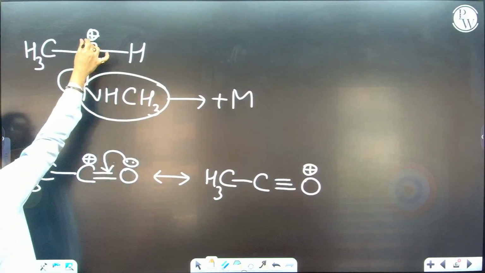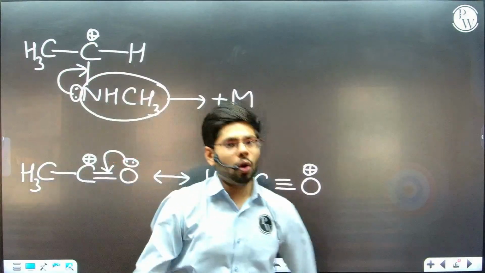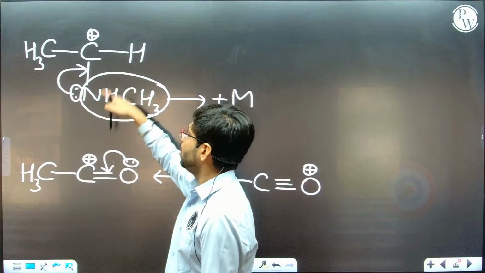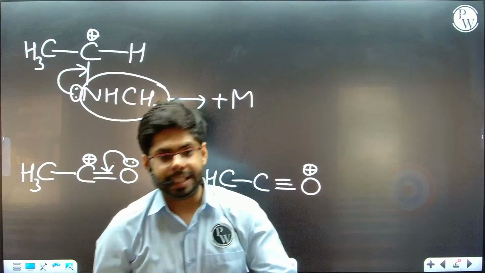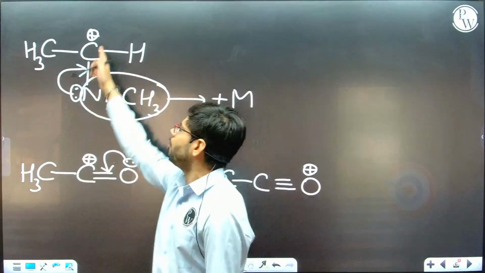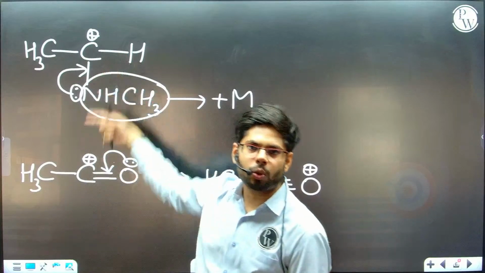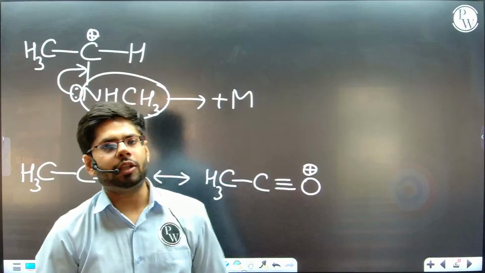Here the positive charge has been stabilized by the plus M effect of NHCH3. So remember that whenever the lone pair of any atom is in conjugation with the positive charge of carbon, stability increases, and we say that the carbocation has been stabilized by plus M effect. Both these examples show that. The more the plus M effect, the more is the stability of the carbocation.